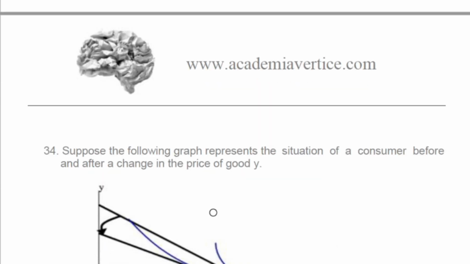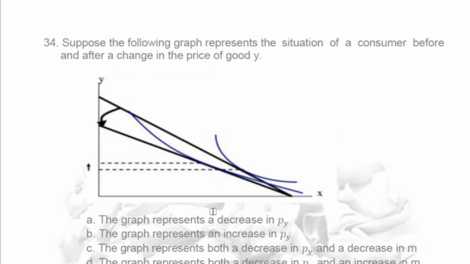Okay, 34th. Suppose the following graph represents the situation of a consumer before and after a change in the price of good Y. The graph represents a change in the price of good Y. That's correct, but it's an increase in the price of good Y. The intersection point is M divided by PY.